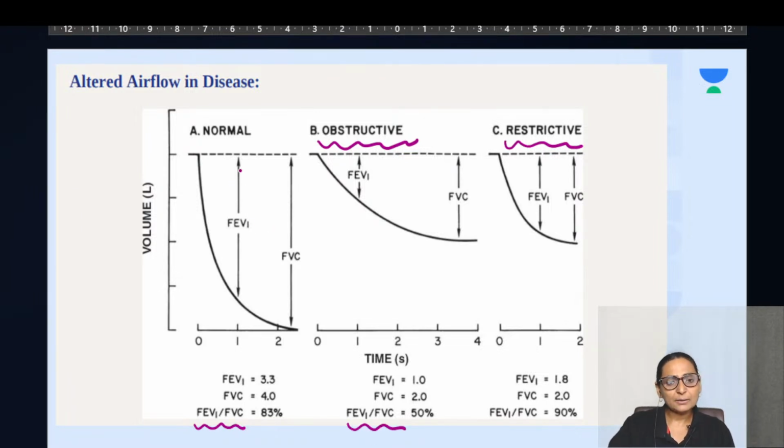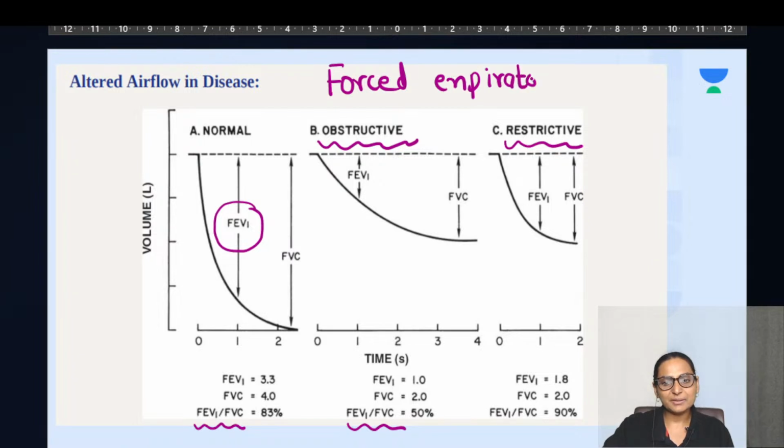So we are very much bothered about the first second of expiration, which is called FEV1, that is forced expiratory volume in 1 second.